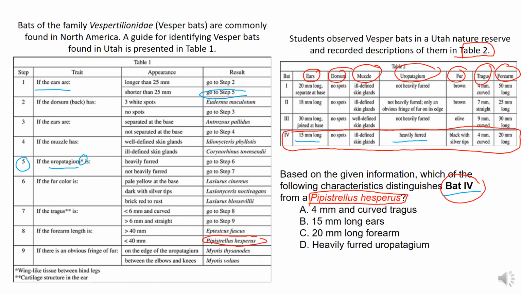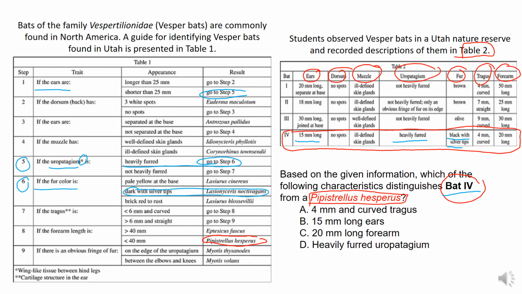It says that the uropatagium here is heavily furred. Heavily furred tells me to go to step 6. So then I go to step 6. The fur color, if I read here, is black with silver tips. This says black or dark with silver tips.